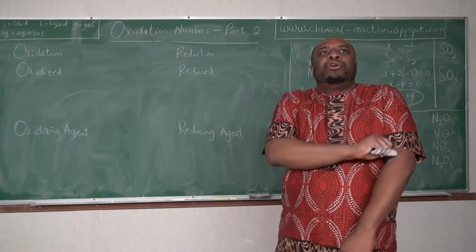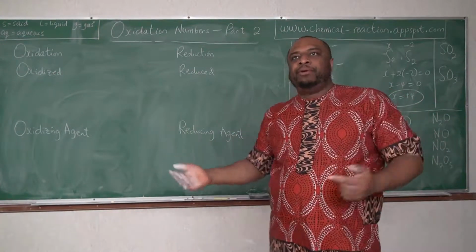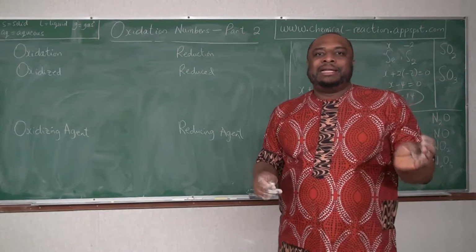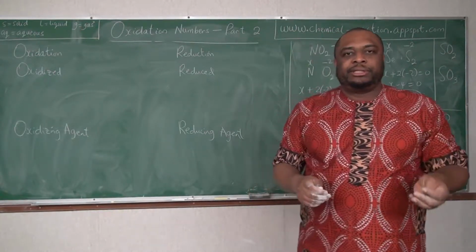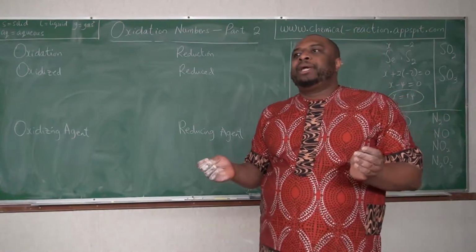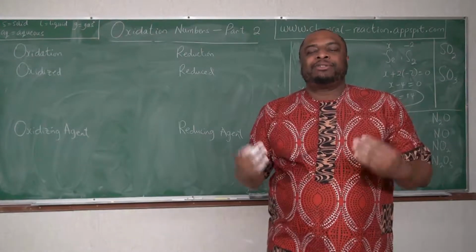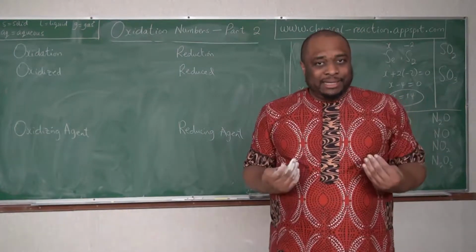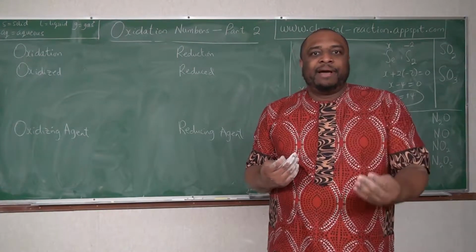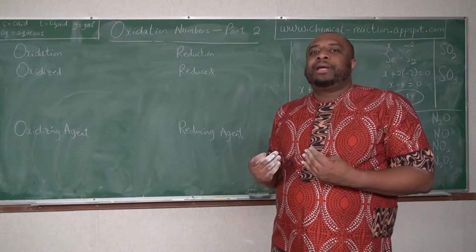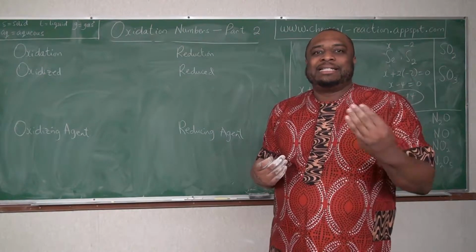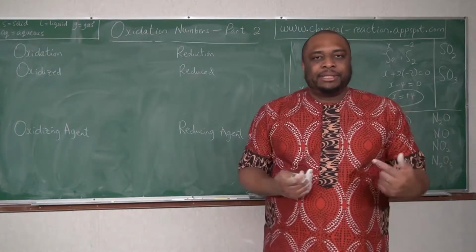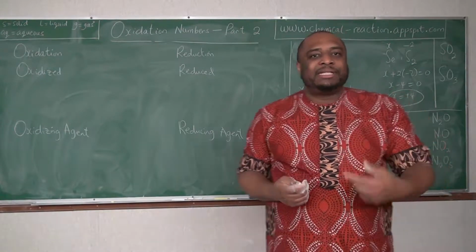So when we have redox reactions and there is a transfer of electrons, somebody gives it out and somebody takes it. The giver and the receiver, the donator and the acceptor. Who donates and who accepts? Who gives and who receives?